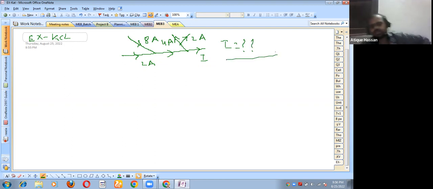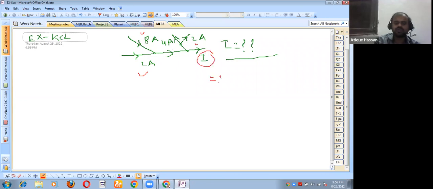All of you understood this? Suppose we have branches of wires like this, 8 ampere current is incoming from this direction, and 2 ampere current is there, and in this branch 2 ampere current is there, and this is 4 ampere current. So we have to find this value. What is the value of I?